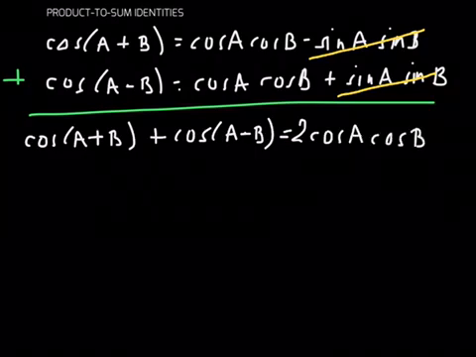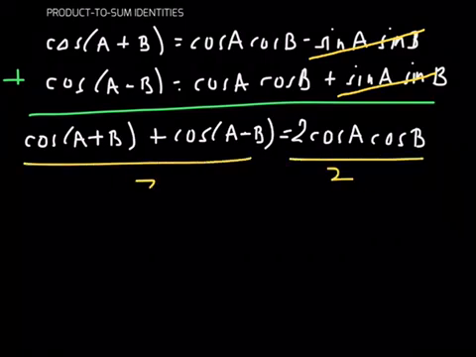What I would ask you to do next is divide both sides by 2. Why? Because I want to isolate this product right here so I can show you what this product is equal to.